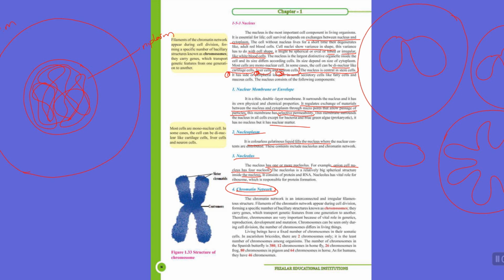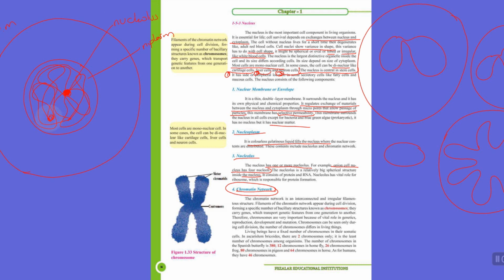Genetic material is free, but in some points, in addition to chromatin network, there are some other proteins. In addition to proteins, some more RNA, and it looks like a dark and spherical structure, and we call it nucleolus.